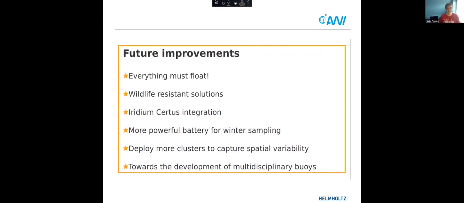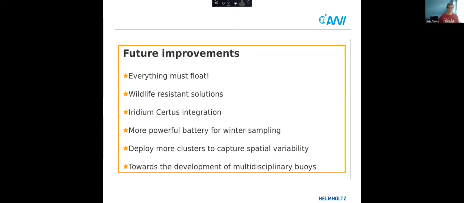But then with the next generation of Iridium Certus, data bandwidth might not be such an issue anymore, and it will in fact allow a much wider range of measurements that we can take, and also a higher resolution of our sampling. Of course, it's always nice to have more such devices to mitigate the risk of losing one, but also to capture the natural variability, not only in terms of time, but also in terms of space.